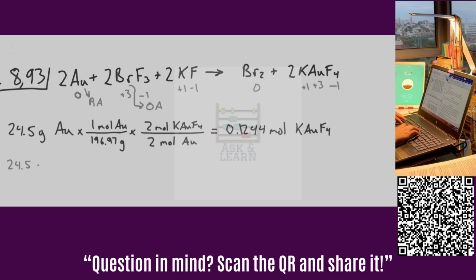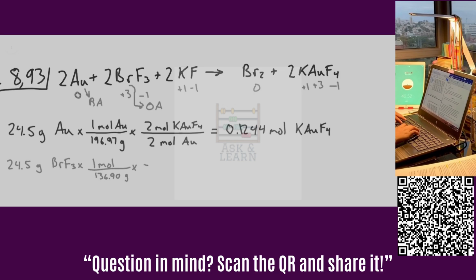So we also have 24.5 grams of BrF3. First, we divide by the molar mass, 136.90 grams per mole.